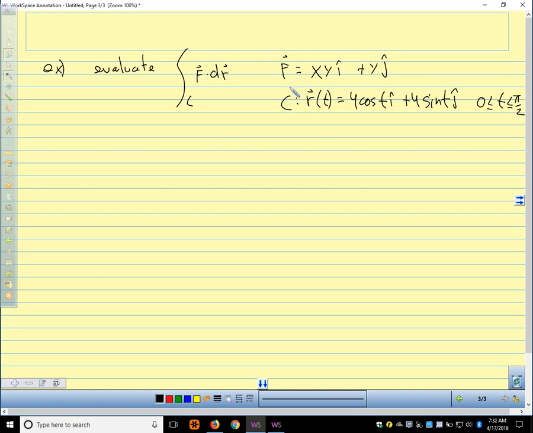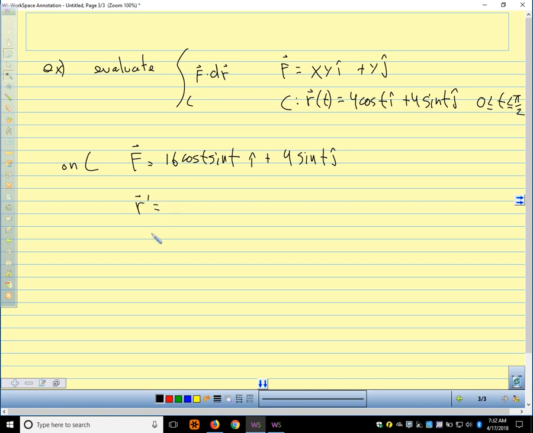All right, so we want to represent f in terms of the parameterized curve. So on C, f equals 16 cosine t sine t i hat plus 4 sine t j hat. So on the curve, that's what our force is given by. r prime.